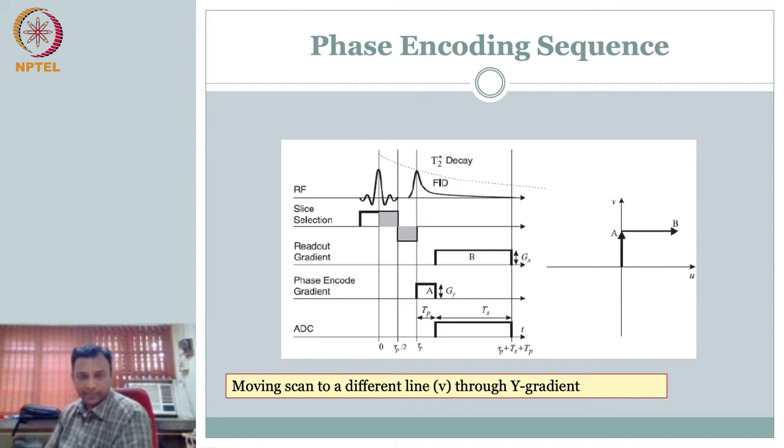Before the start of data acquisition, we did this before: we acquired signal and then at the start of data acquisition we applied a gradient. Instead, we are now, just after here, applying a phase y gradient for a short duration.